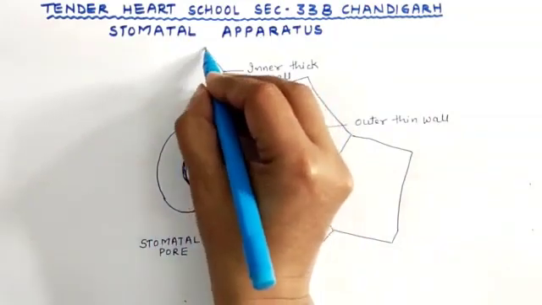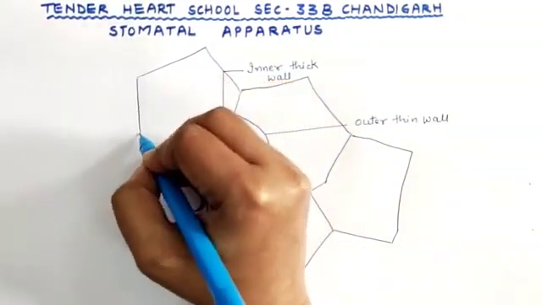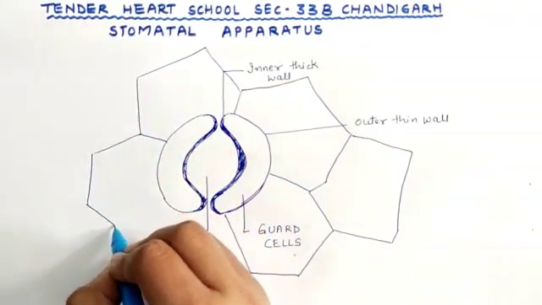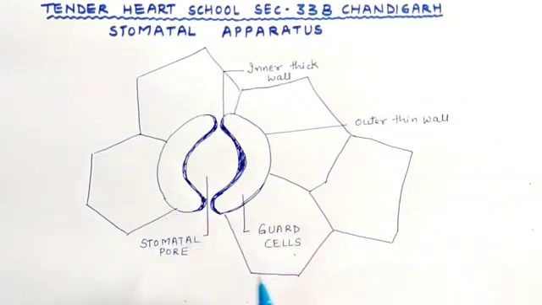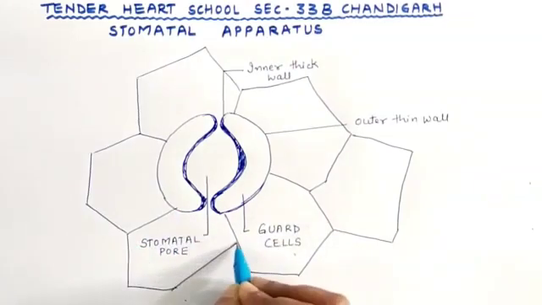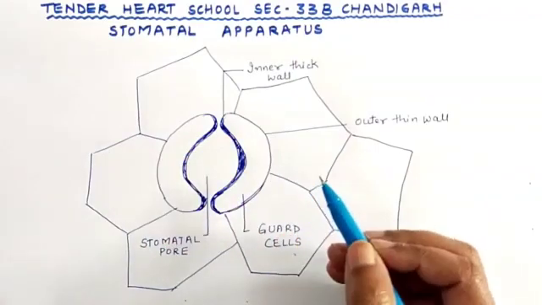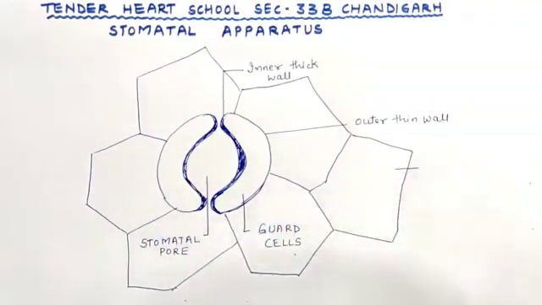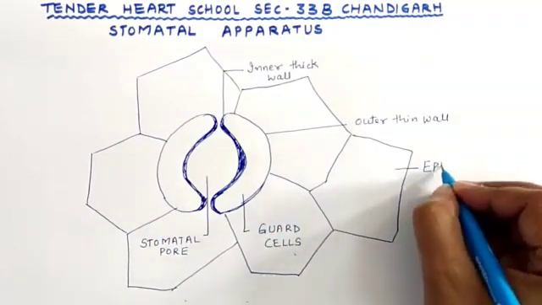Similarly, on this side, these are the epidermal cells. Guard cells are present in the epidermis, right? So all these epidermal cells are surrounding the guard cells.